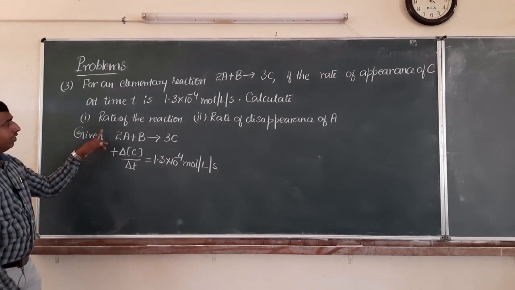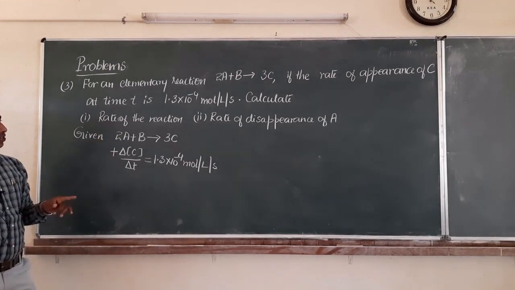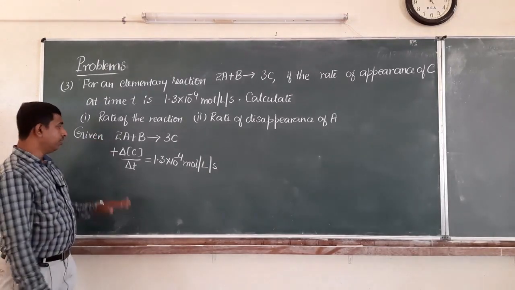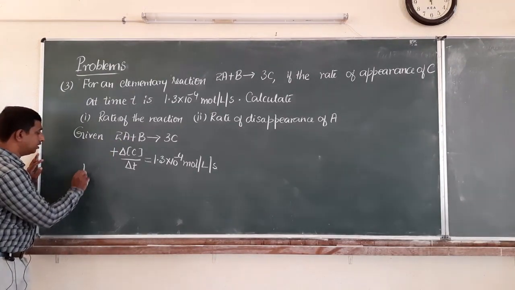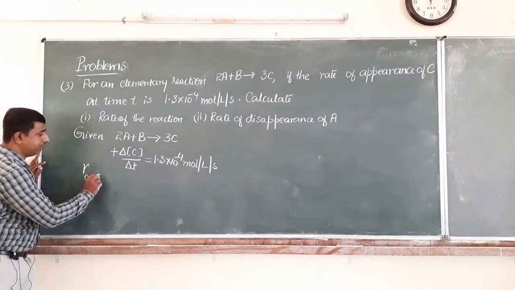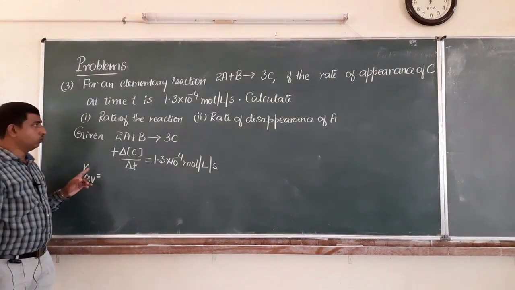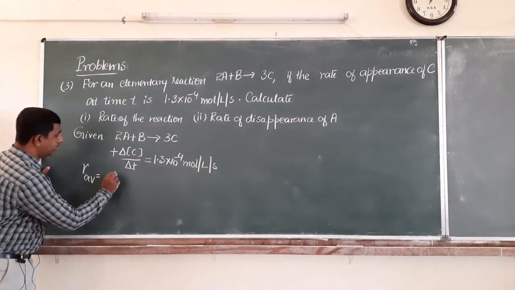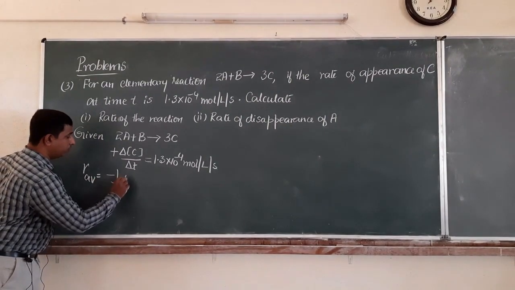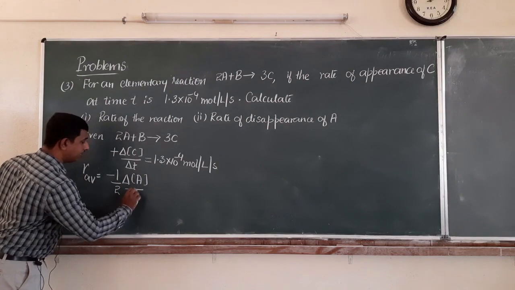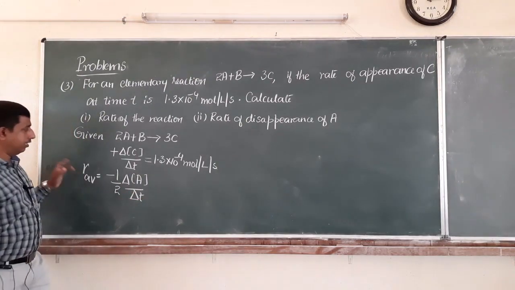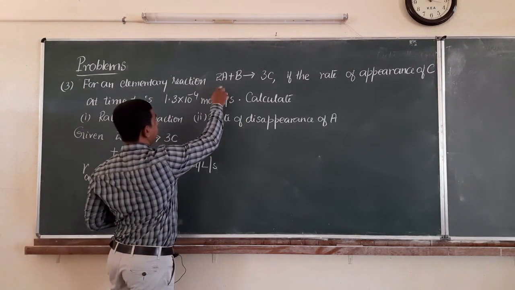We have to calculate the rate of the reaction and also the rate of disappearance of A. Now first we shall write the rate expression for this reaction, that is R average, the average rate. It is equal to minus 1 by 2 delta concentration of A by delta T. So I have to divide it by 2 here.